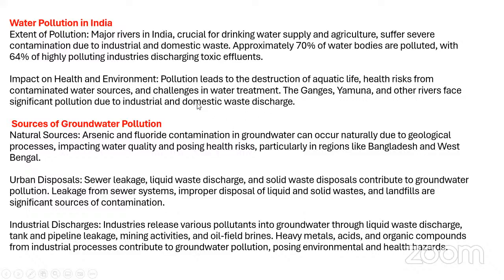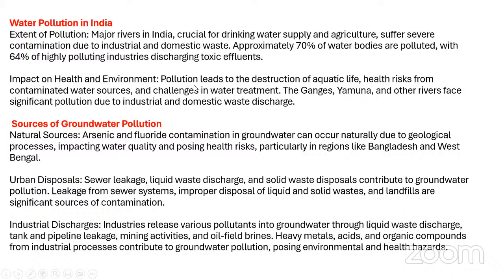Due to improper disposal of domestic waste and industrial effluents, most of the major rivers, Ganga, Yamuna, and Brahmaputra, are polluted by effluents coming from domestic and industrial waste discharge.